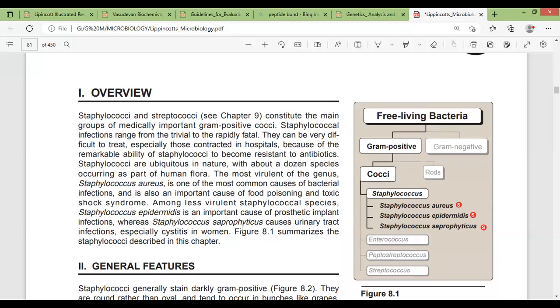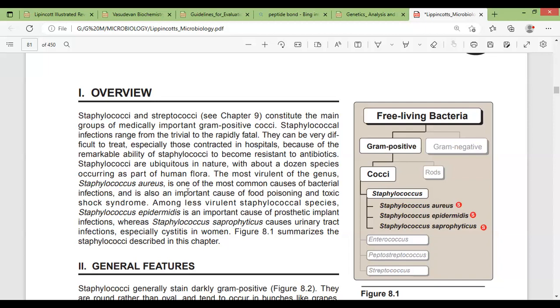But for aureus, number 2, also food poisoning, when we're not observing hygiene, and toxic shock syndrome, when we are looking at tampons not being changed, or rather there has been an infection there, the tampons and all such things, right? Staph aureus, you can't run away from Staphylococcus aureus, right?